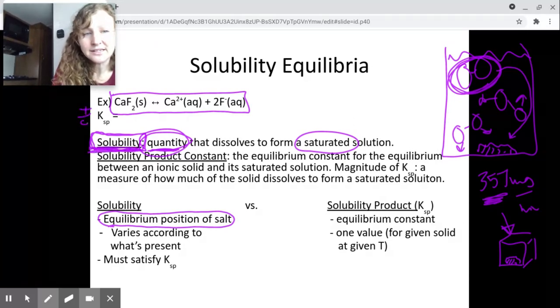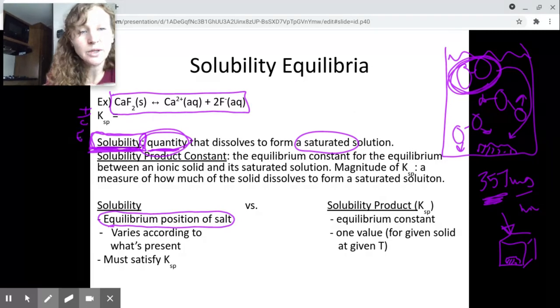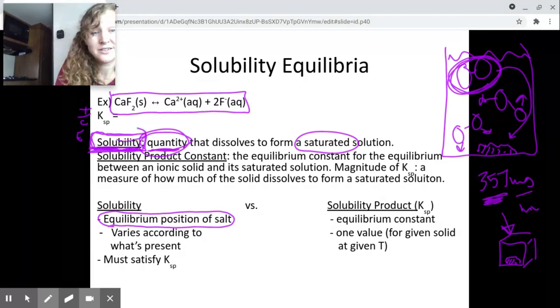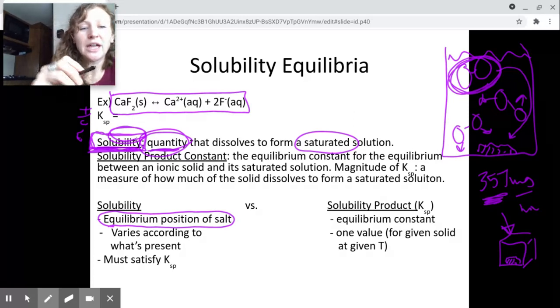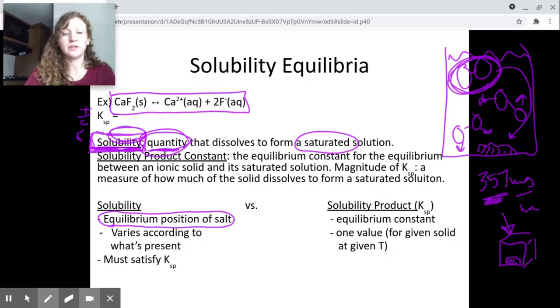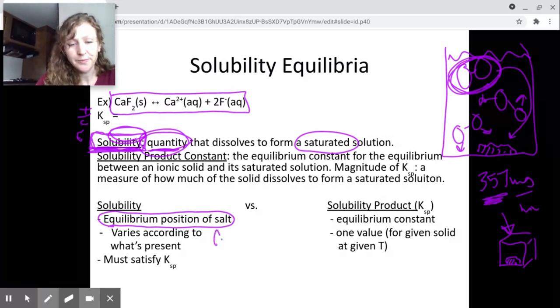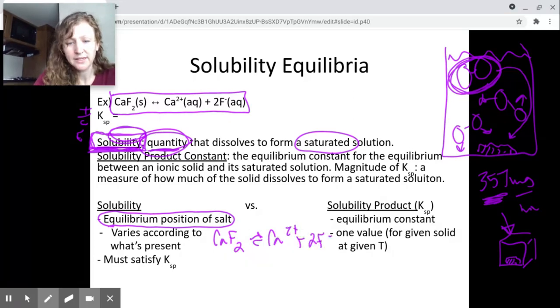It's not necessarily the change. It's the equilibrium position of the salt. So this gets a little bit complicated. If we look at this example of calcium fluoride, CaF2 goes to Ca2+ and 2F-.